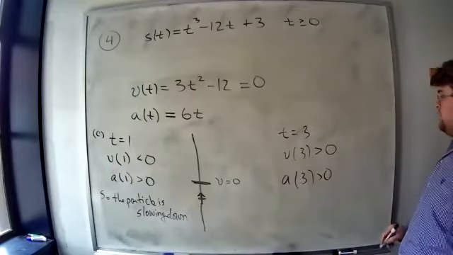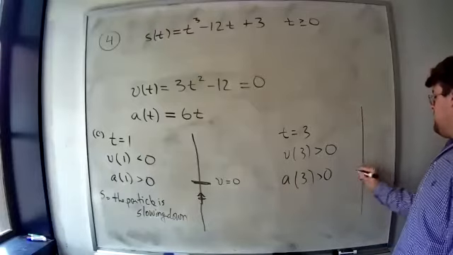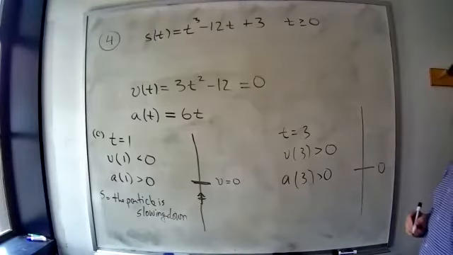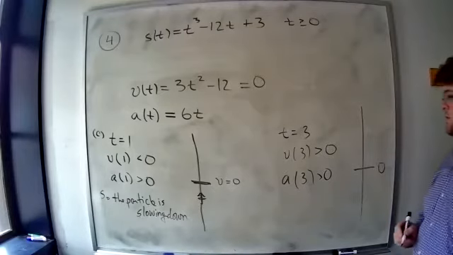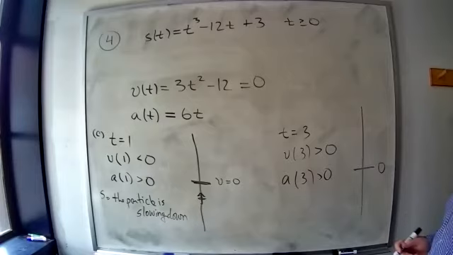So what's happening? How's the particle moving here? Well, again, I'm going to provide a visual for velocity. Remember, speed is the magnitude of velocity, but it's measured by how far away the velocity is from 0. It's measured by whether your velocity is getting closer to 0.